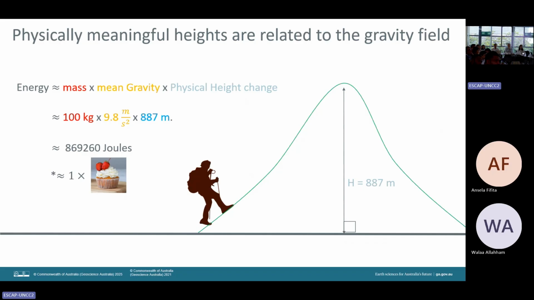For example, at the back of my house at home, I have a mountain, which I regularly try and climb to keep my fitness levels up. And it stands at about 887 meters tall, above sea level. If we lived on a perfect sphere and gravity were exactly 9.8 meters per second squared everywhere, I'd burn around 900 kilojoules of energy climbing to the top, which is about as much energy as a small cupcake. But gravity's not the same everywhere.